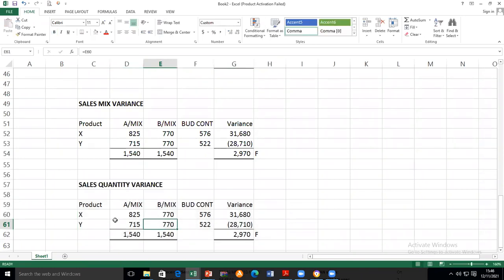So it's still actual volume minus budgeted volume, but this actual volume must be according to what?